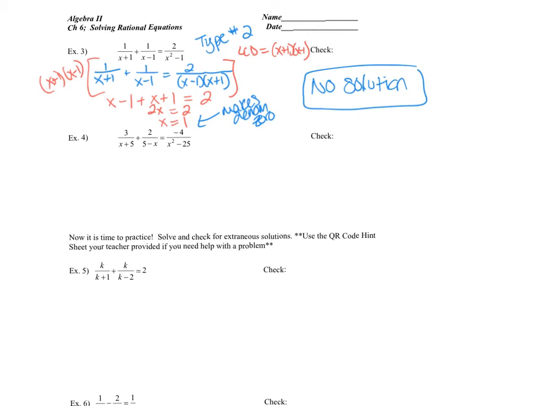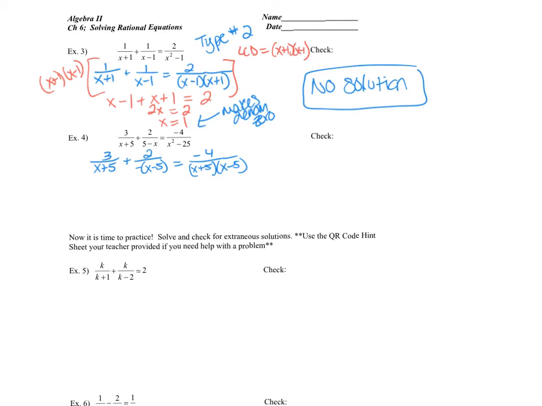We're going to follow the same steps for example number 4. Again, this is type number 2. So I'm going to find the LCD. So I have 3 over x plus 5. Now here I do have to make sure that the x comes first in the denominator. So I have 2 over a negative x minus 5. And that is set equal to negative 4 over x plus 5 times x minus 5.